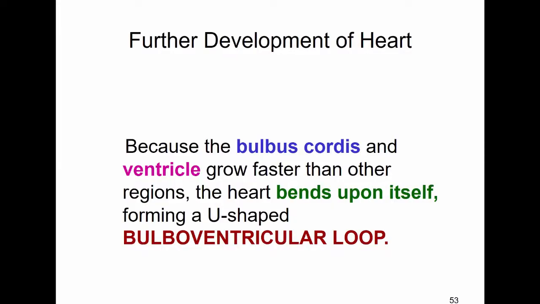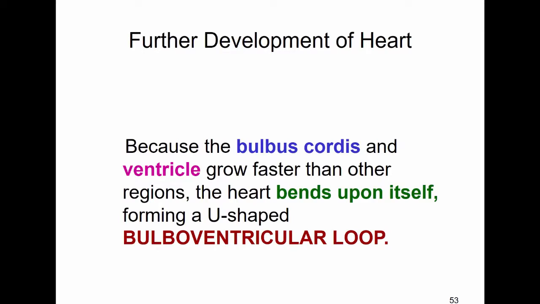And because the bulbus cordis and ventricle grow faster than other regions, the heart bends upon itself, forming a U-shaped bulboventricular loop. So why does the heart tube bend? There are two things. One is that the heart tube bends rapidly, and the pericardial cavity cannot give it space.